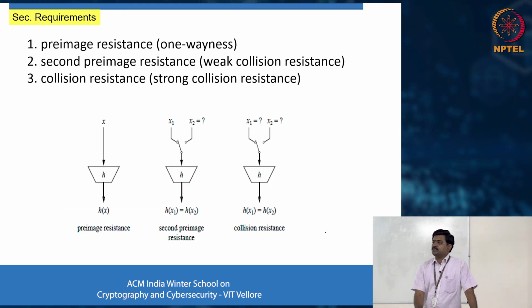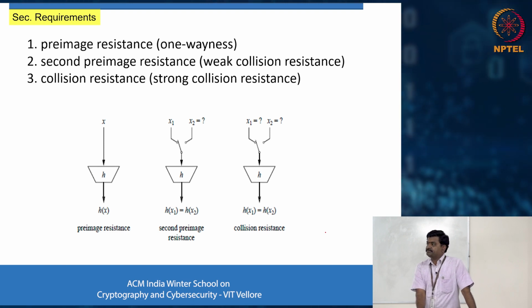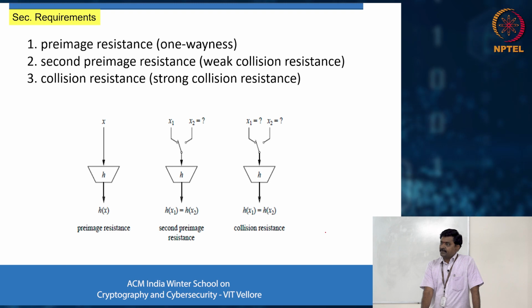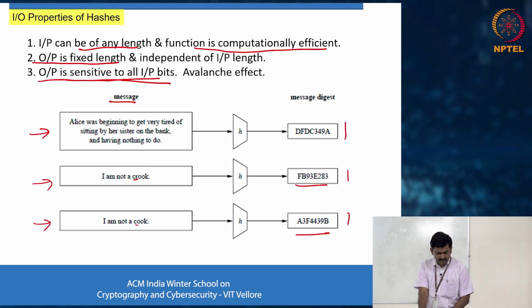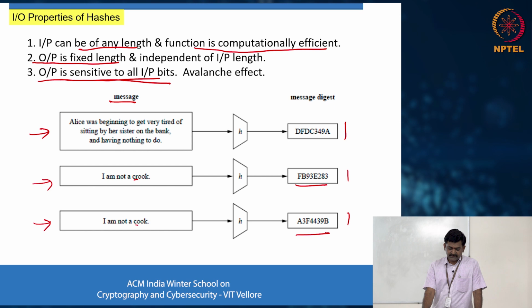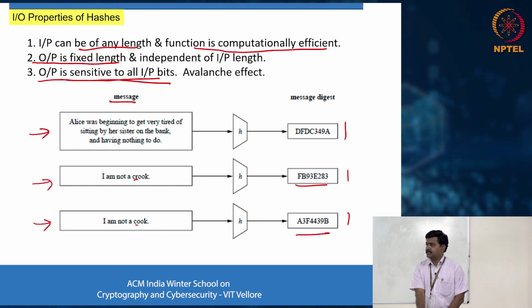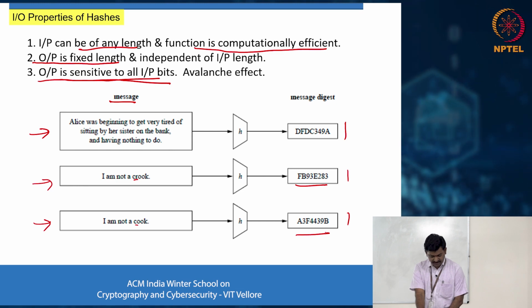And there are three conditions that hashes should exhibit. What properties have we seen so far? Input can be of any length, output is fixed length, output is sensitive to all input bits, and the hash function should be computationally efficient.